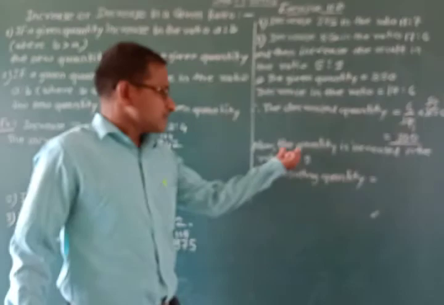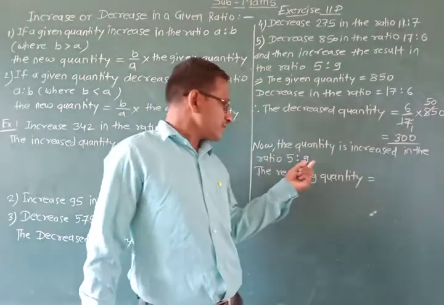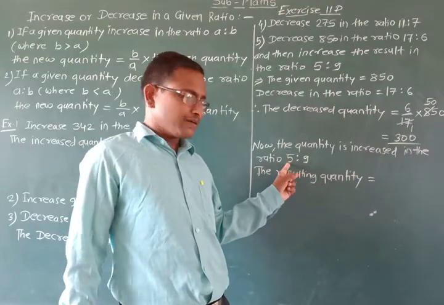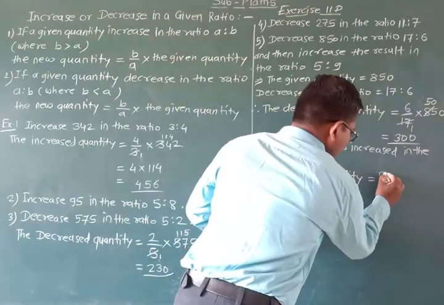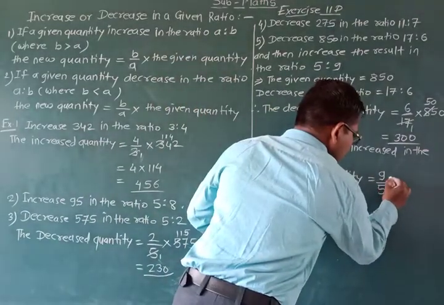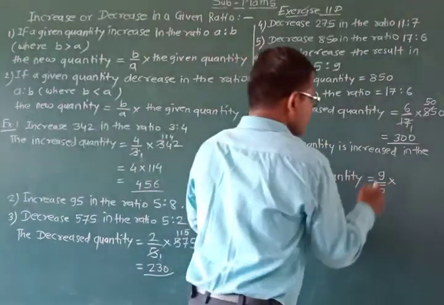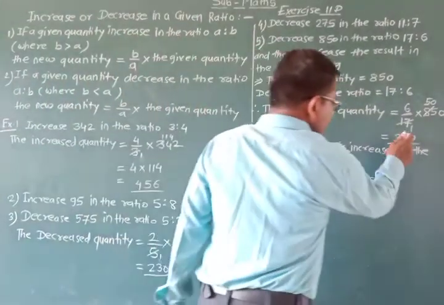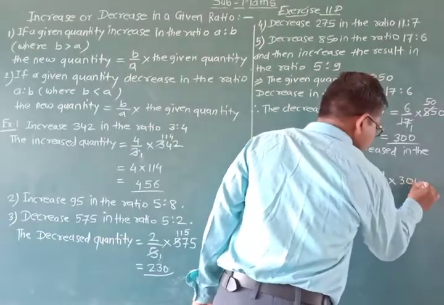So here the quantity is increased. For the increased value, 9 is greater than 5. So you take the ratio 9 upon 5 multiplied by the given quantity 300.